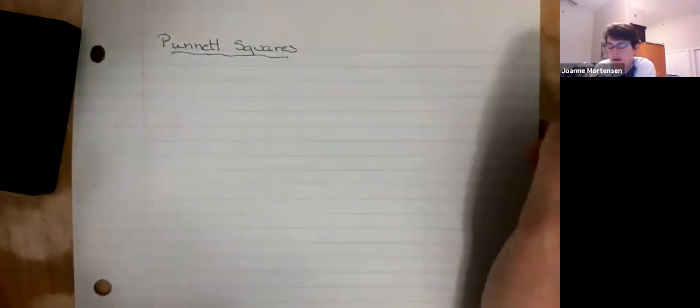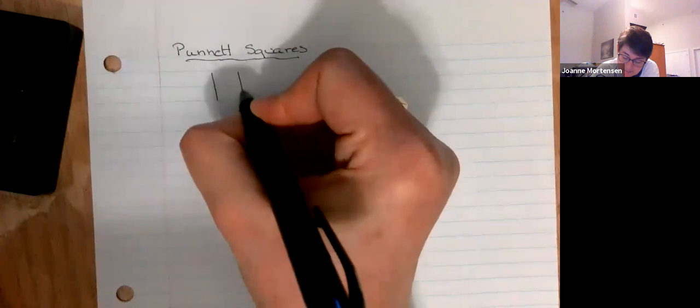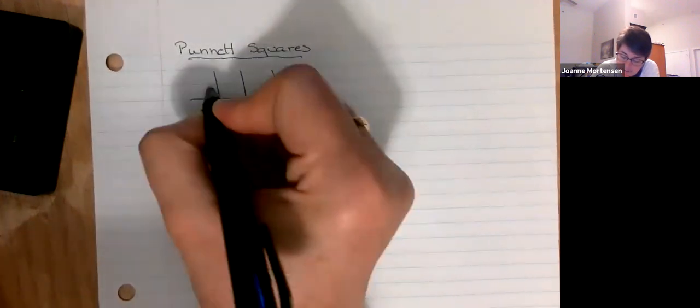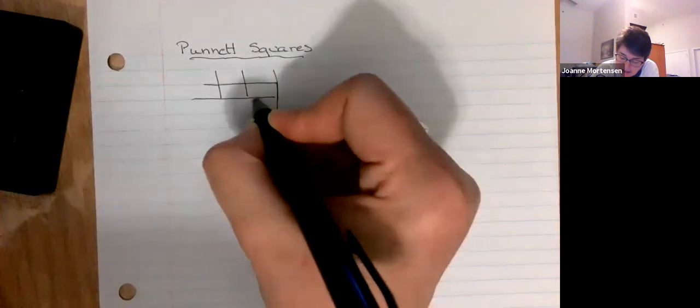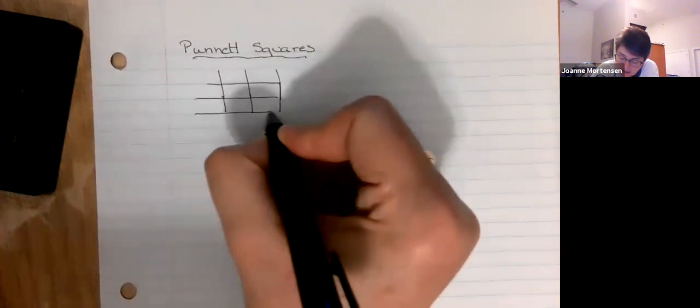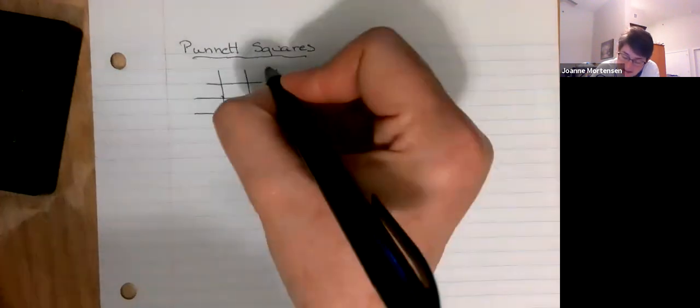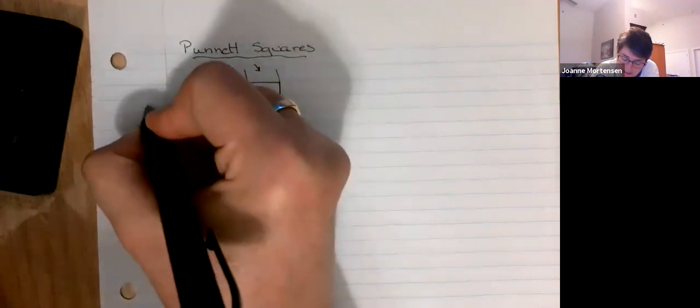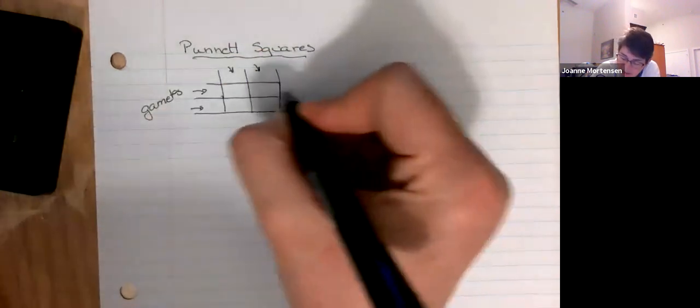Okay, so Punnett squares are just a way to organize when you cross two organisms. It's the simplest way to make sure that you figure out all the possible offspring. I think that's the easiest way to explain it. They are always going to look like this. I draw them like this, and here is where the gametes are, so sperm and eggs.